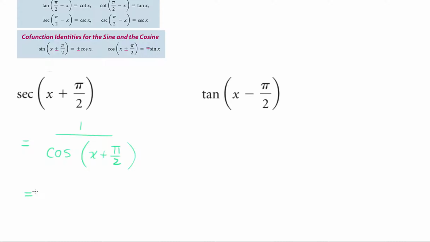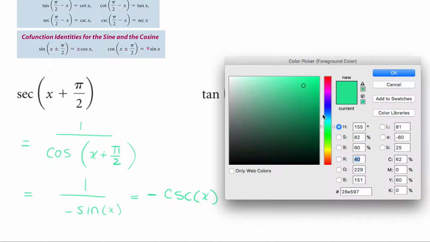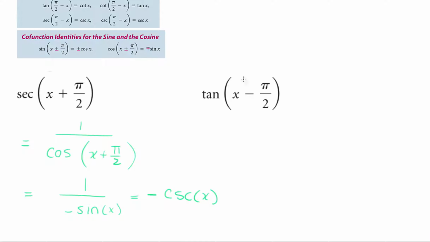This is equal to 1 over negative sine of x. Now, who's the reciprocal of sine? It's cosecant. So this is negative cosecant of x. And that's your answer.